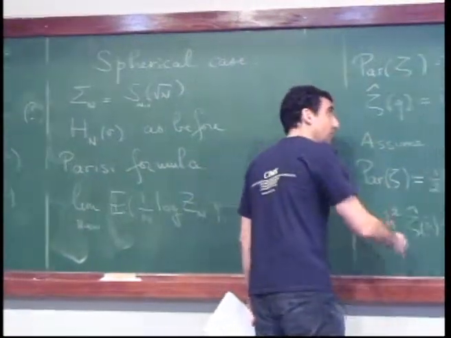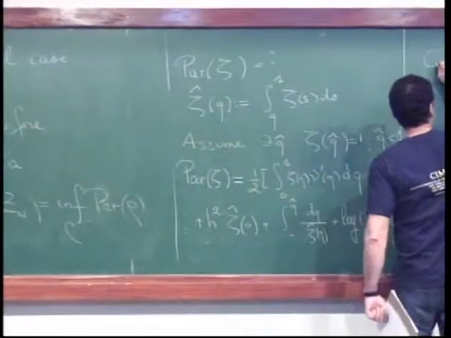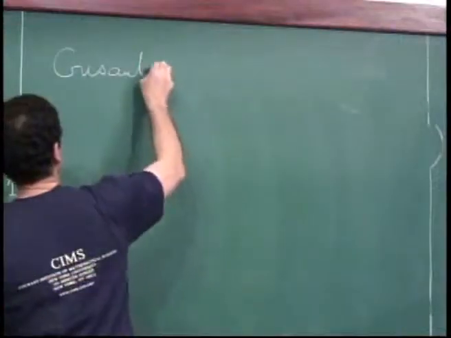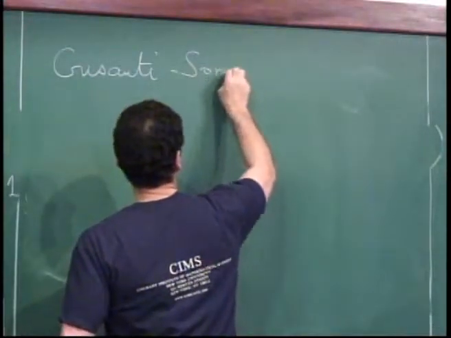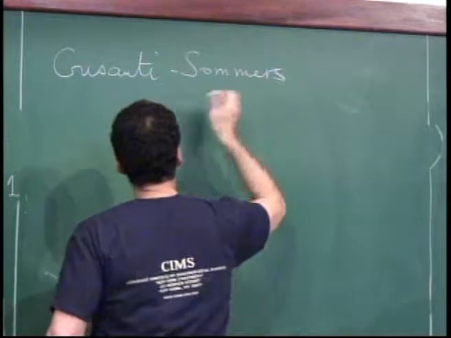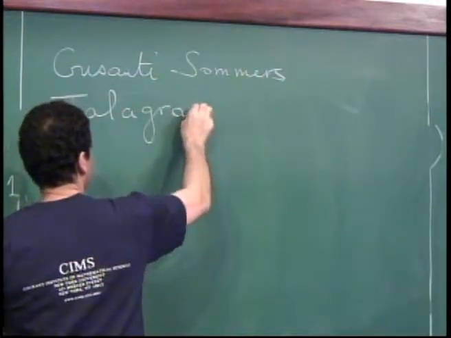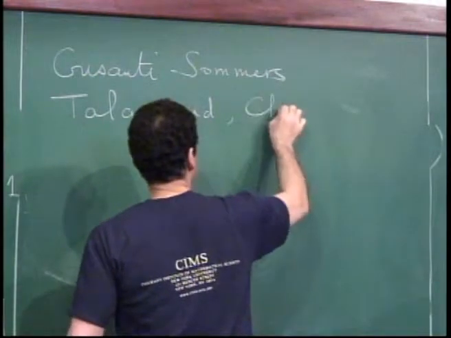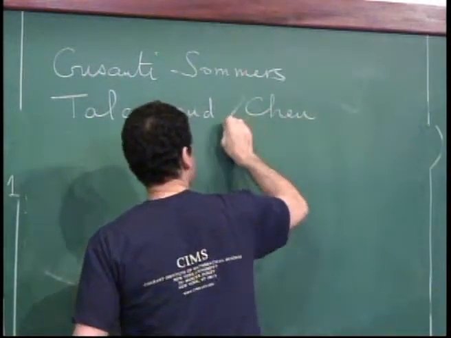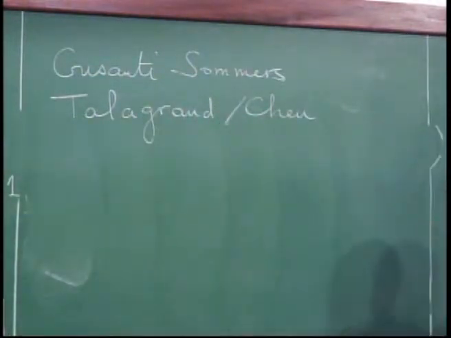All right. So this formula for the Parisi function in the spherical case is due to Crisanti and Sommers. As I said, in the 90s, the proof is due, of course, to Talagrand, and more recently, Chen. Okay. And again, this result is now valid for any mixture. All right. So in this case, we have the same question now.